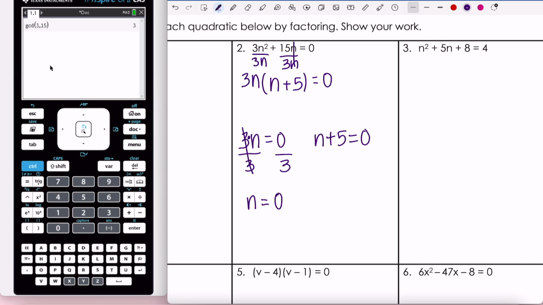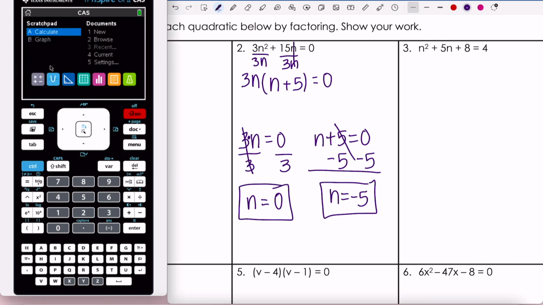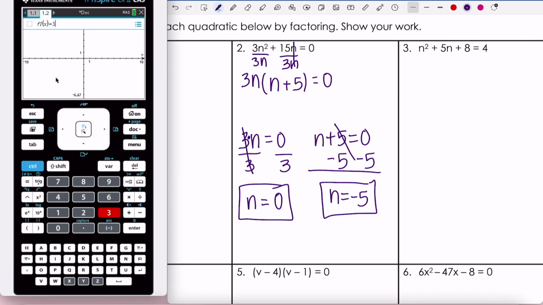Looking at my second equation, again, I'm going to subtract 5 from both sides, and I end up with n equals -5. Now remember to check to see if you got the correct answer. You can always go into your graphs and type in your equation. So here I'm going to type in 3x squared plus 15x. Your calculator is not able to graph your quadratic with the variable n, so we want to change them to x's.